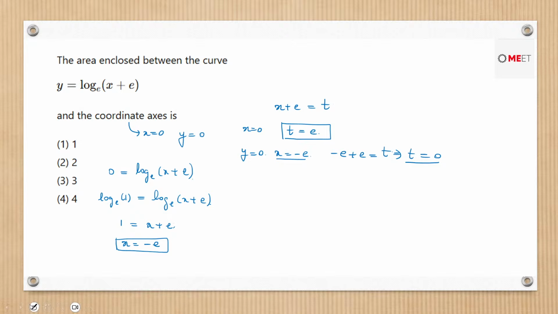Yeah, just a minute, I think this has to be written as x equal to 1 minus e.